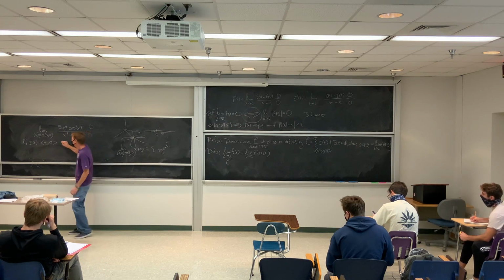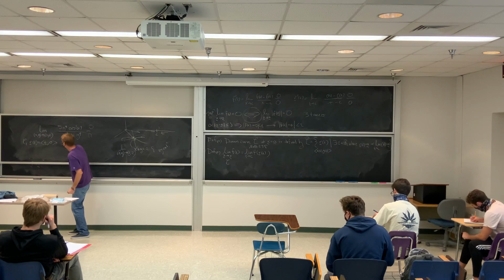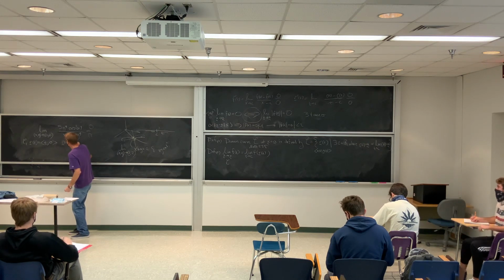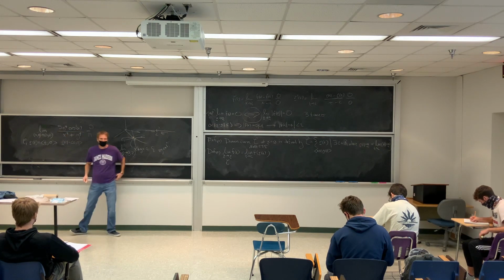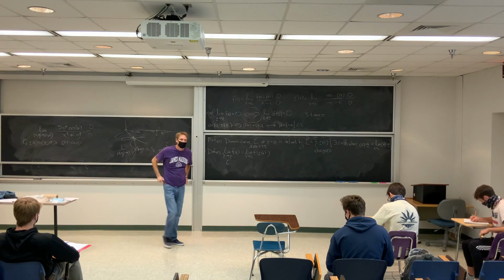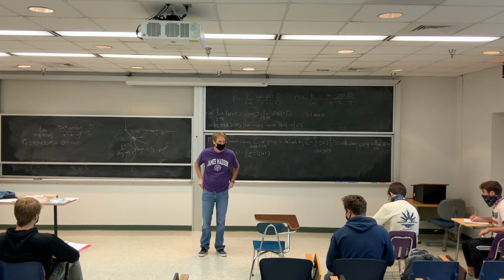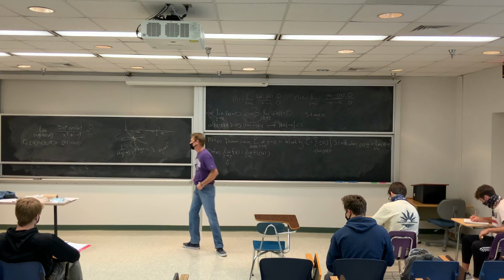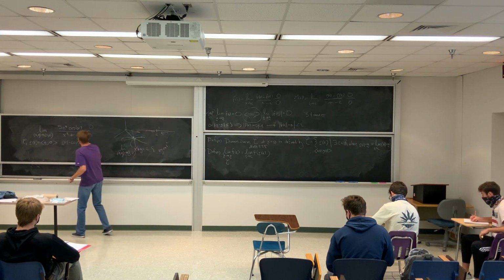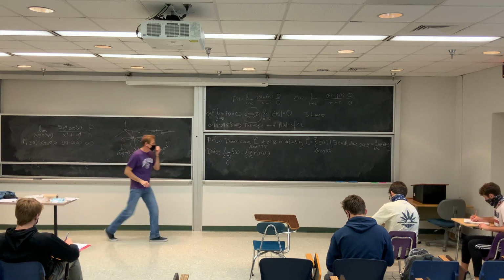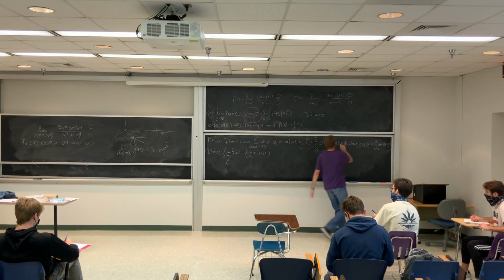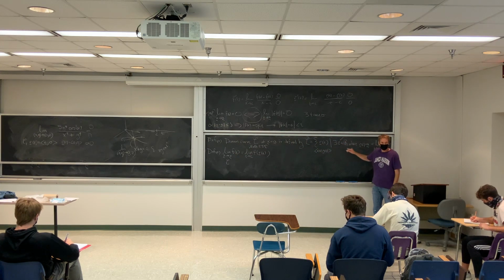What would C be? If I want R of C to be 0, 0, what would C be? 0. So there's my C, which I need from my domain curve.